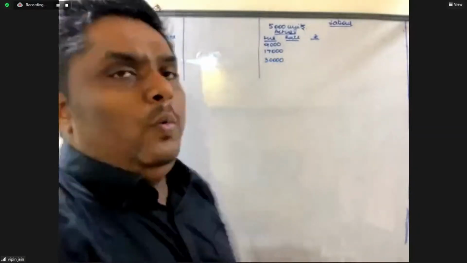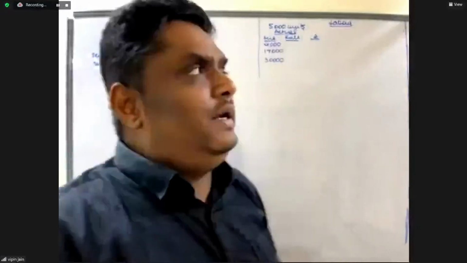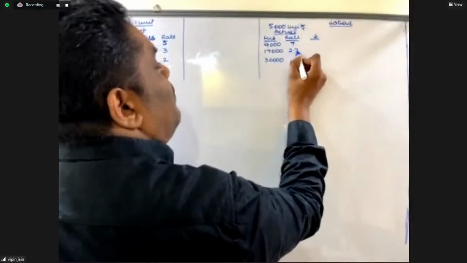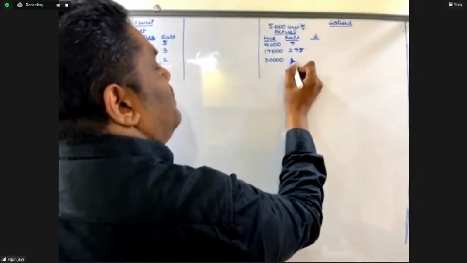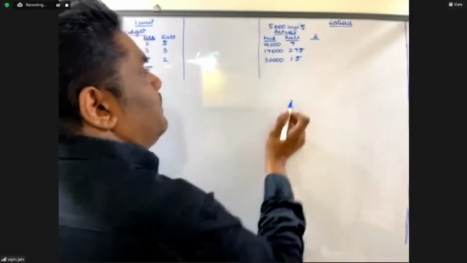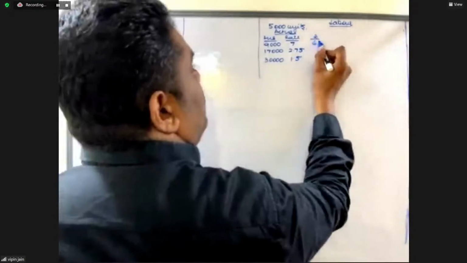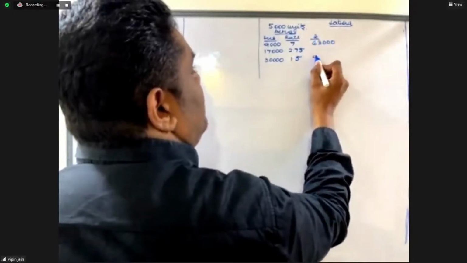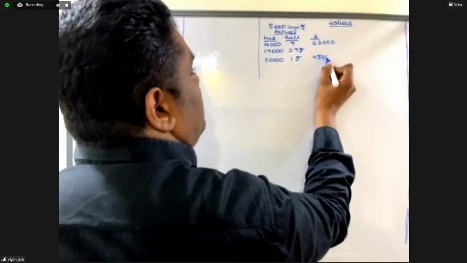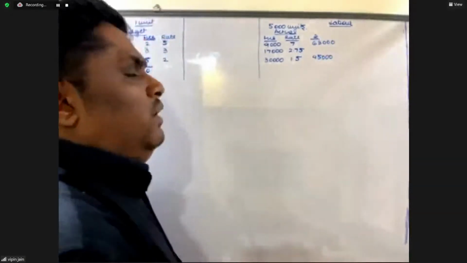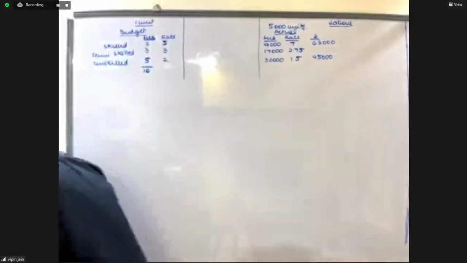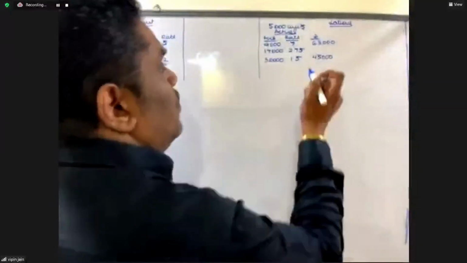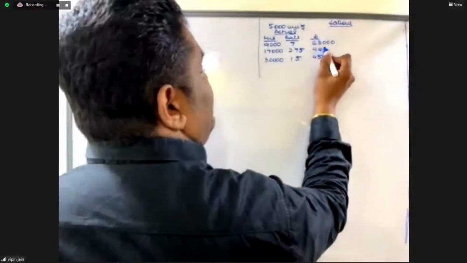Further, when talking about the rate of payment, it is, let's say, 7, 2.75, and 1.5. So the total amount will be 63,000. This will be 45,000. And this will be 46,750.